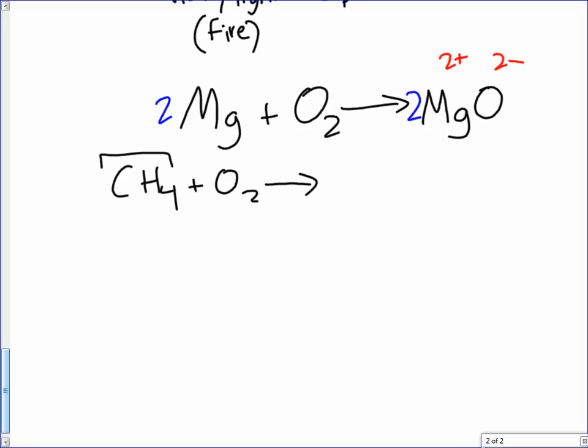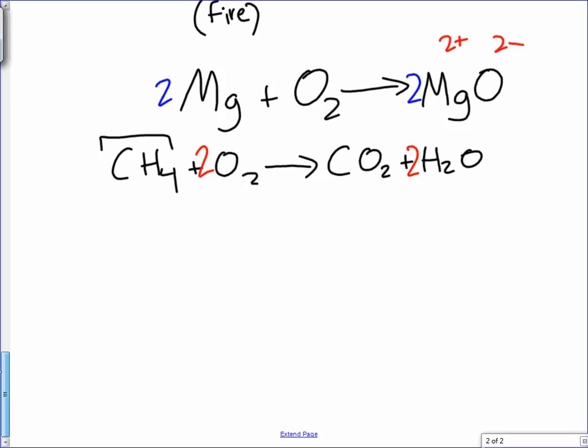If you have ethane, propane, any of those alkanes, anything with carbon really, if it burns, the products are always going to be carbon dioxide and water. That's a great rule to remember. If you're burning an organic molecule, the products are carbon dioxide and water. Organic meaning containing carbon. So we do need to balance, so we're going to need to do a little bit of that, but the products are going to be carbon dioxide and water.